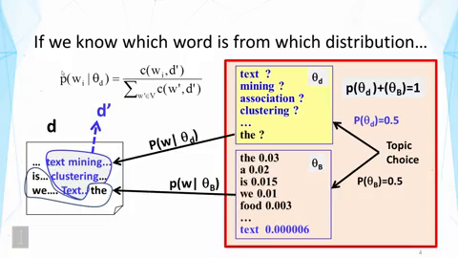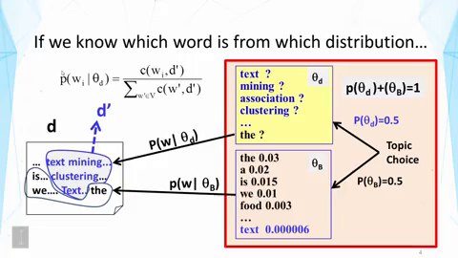So we actually go back to the single word distribution problem. And in this case, let's call these words that are known to be from theta d a pseudo document d prime. And then all we need to do is just normalize these word counts for each word w sub i. And that's fairly straightforward. And it's just dictated by the maximum likelihood estimator.